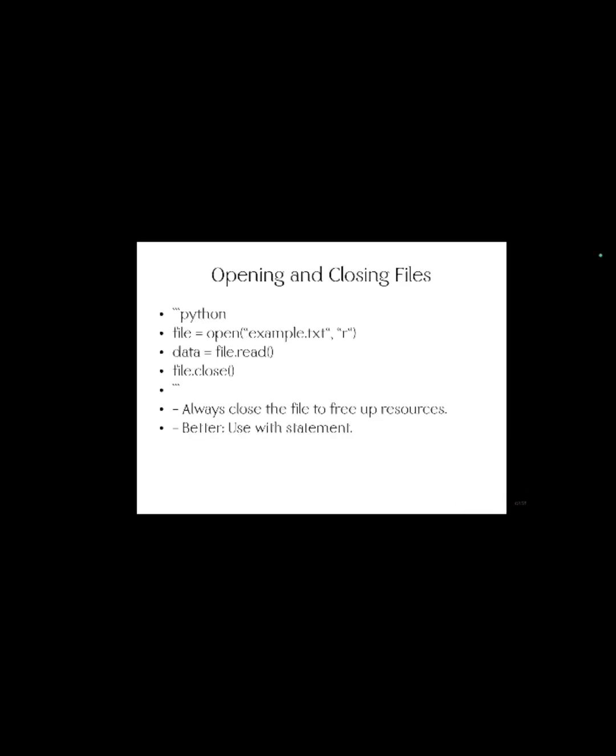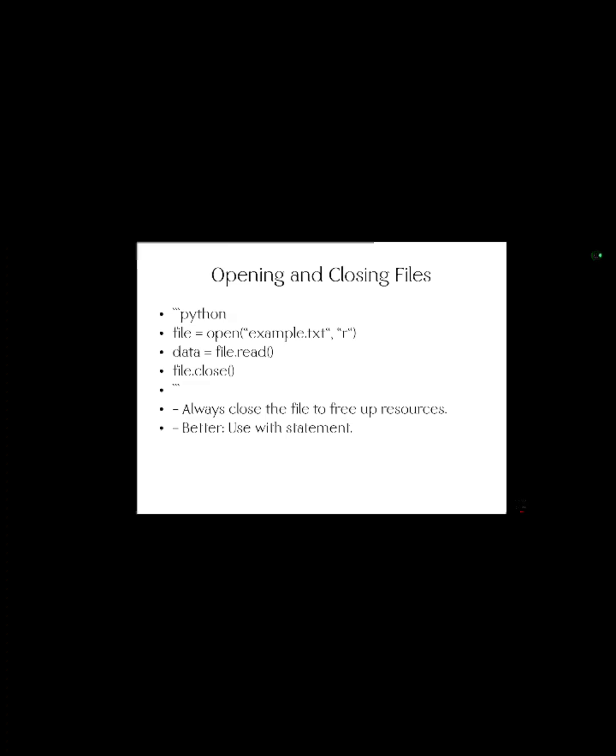The next slide is about opening and closing files. To open a file in Python, we can use the function open, which requires the path and mode as arguments. This code opens a file by the name we give. Here we can see the example: file equals open, example.txt, and we gave it in read mode.